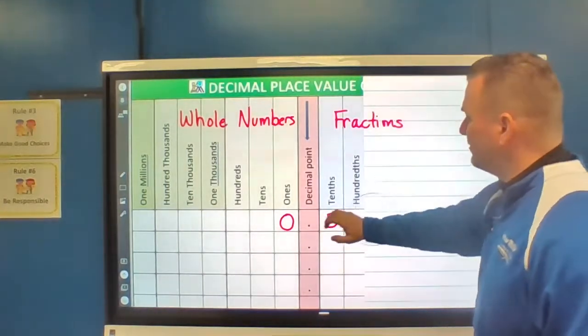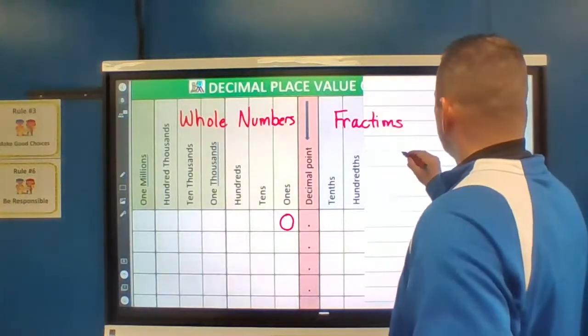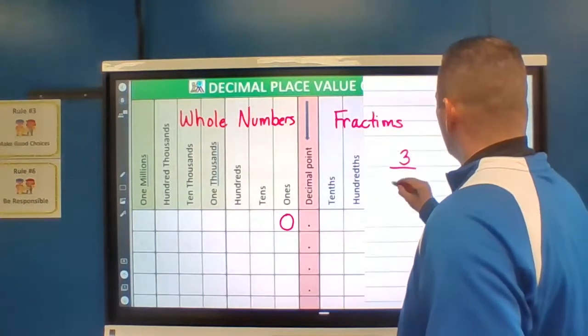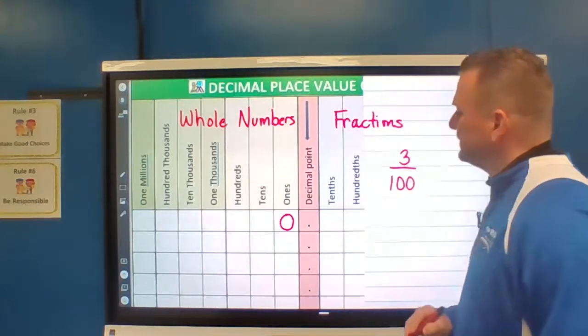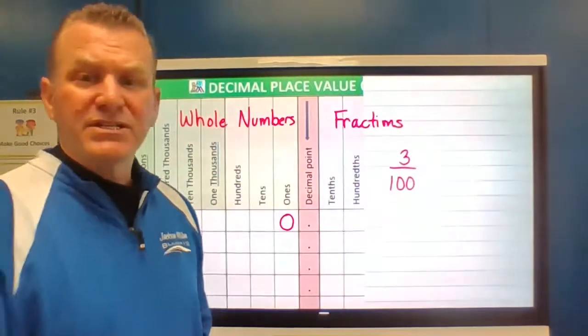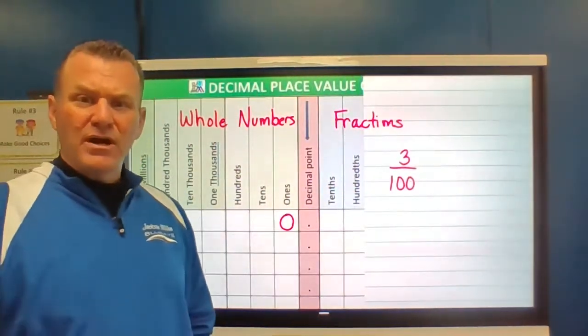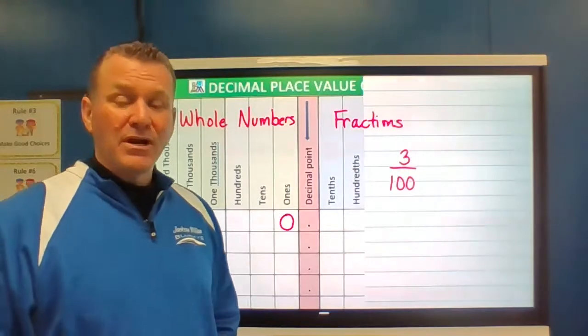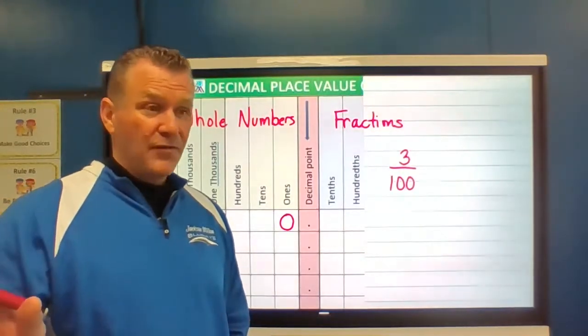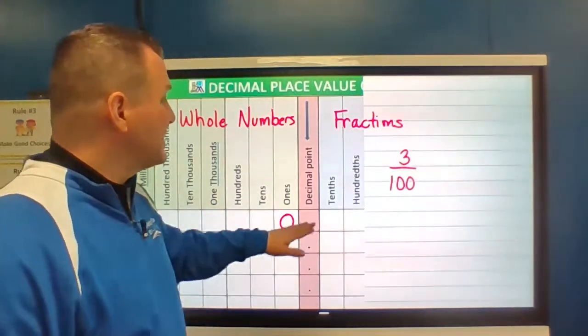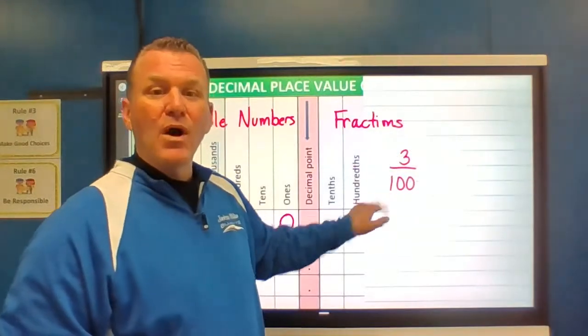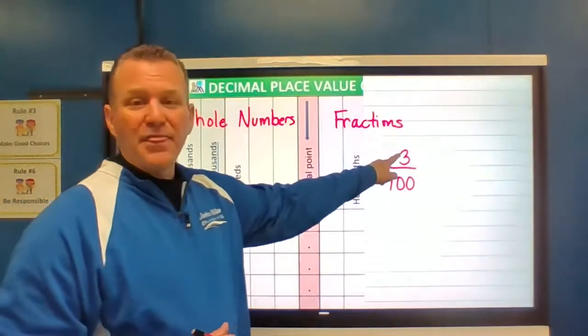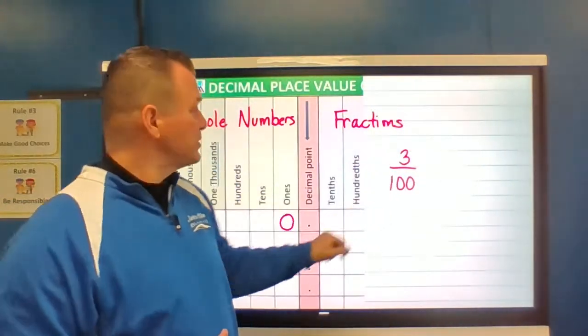If I was talking about 3/100ths, obviously I say that fraction as 3/100ths. Well, 3/100ths is far from a whole number. It tells you 3/100ths. That means that 3 needs to go in the hundredths place.